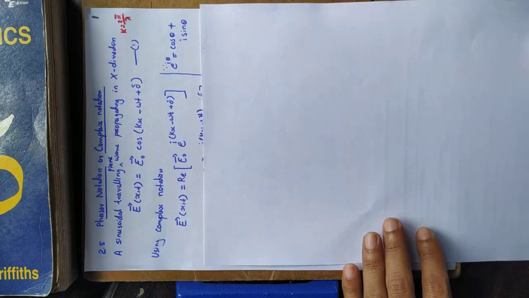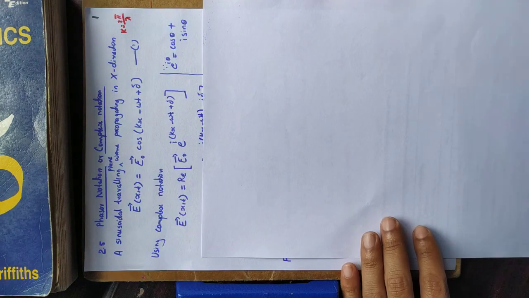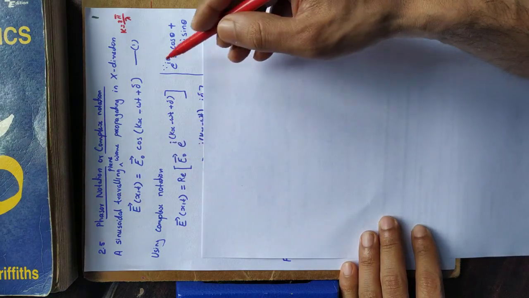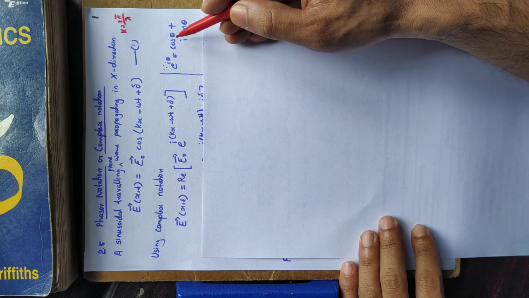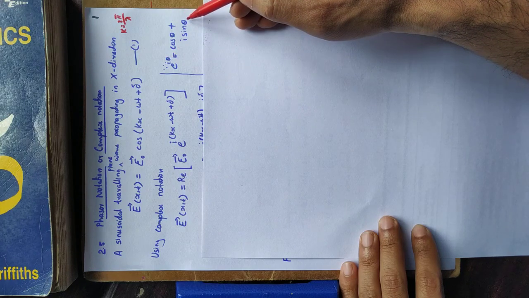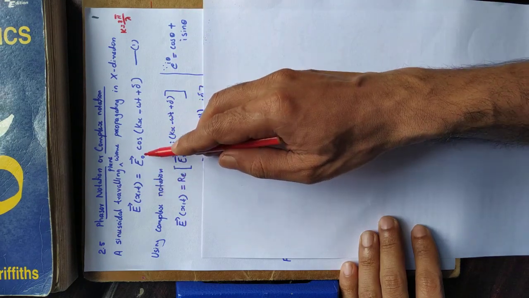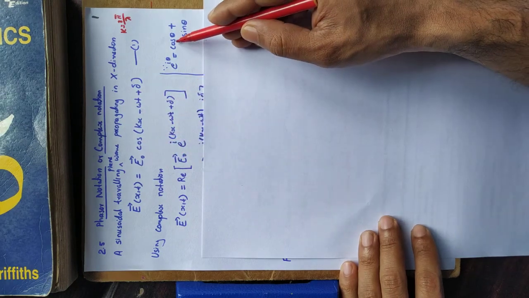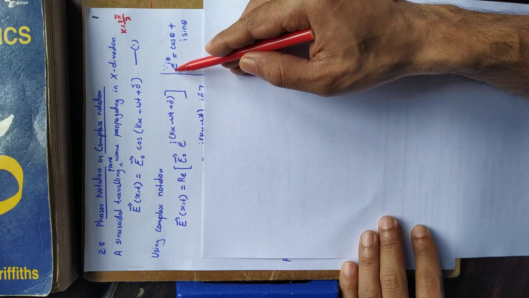Now it is convenient to express this sinusoidal function in terms of a complex function. So we know e raised to i theta is equal to cos theta plus i sin theta. Our field is expressed as a cosine function here, so the cosine function is the real part of this complex function.